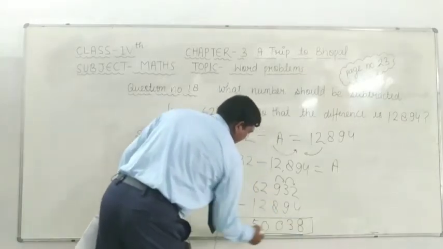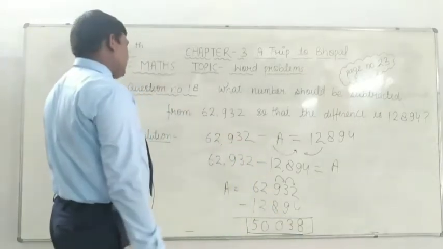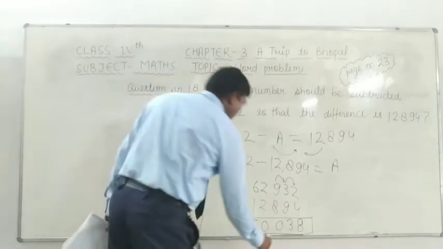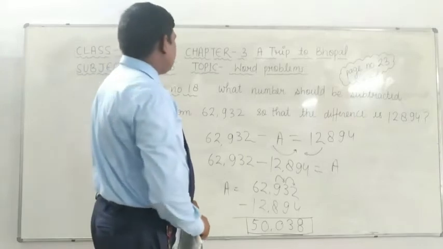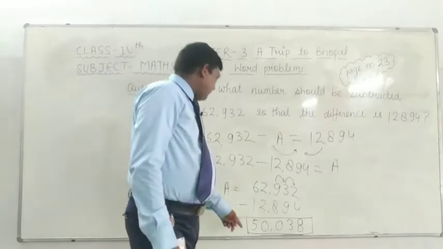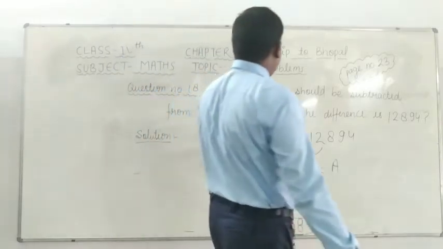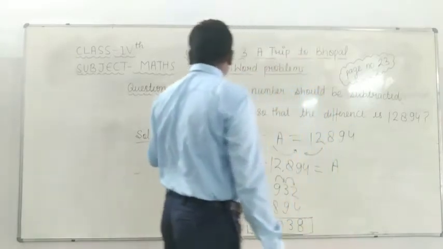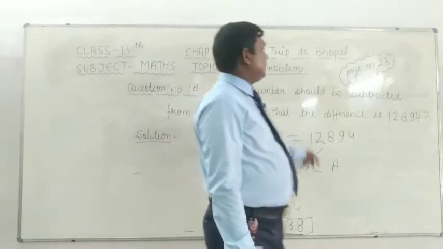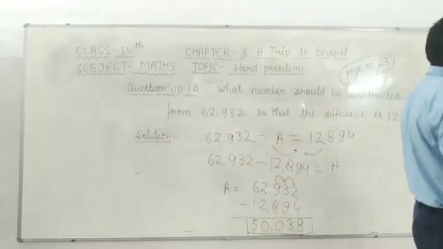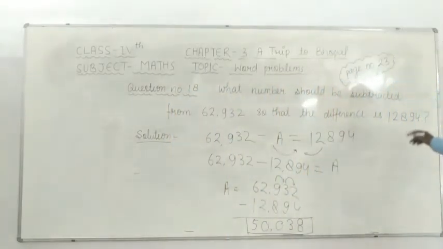Okay, it means that the answer is 50,038. Okay, dear students, it means that if 50,038 should be subtracted from 62,932 so that the difference is 12,894.